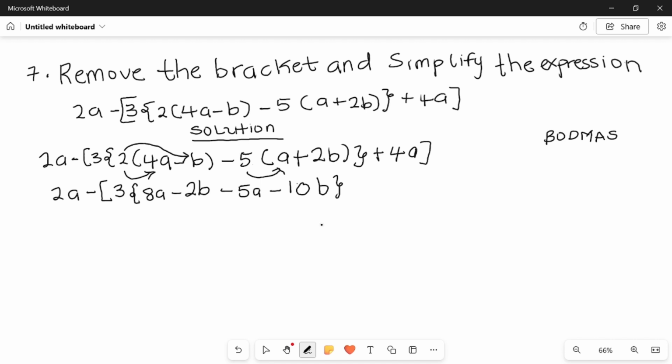Plus 4a. So we've broken this down and this down into this. If we check here, we have 8a, minus 5a, minus 2b, and minus 10b. Here they are common, 8a and 5a, because they have a between them.